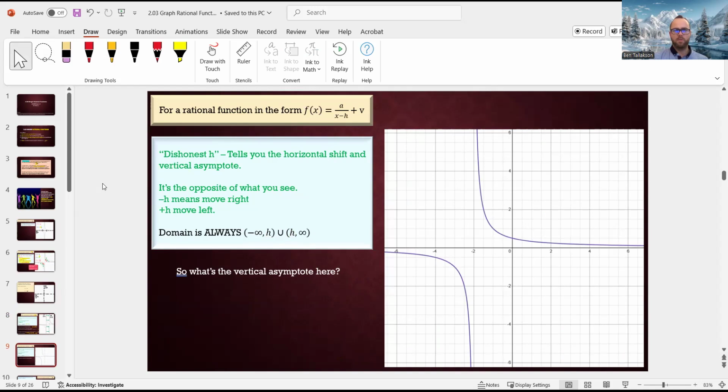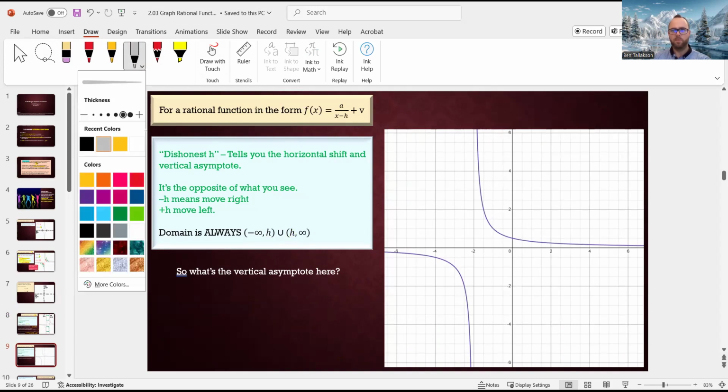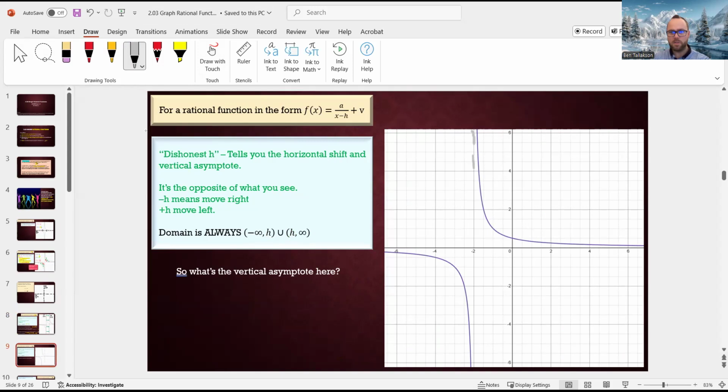Now, can you identify the vertical asymptote here based off what you just learned? Well, you're hopefully seeing that it's right here. We can just visually see that. Vertical asymptote is x equals -2.